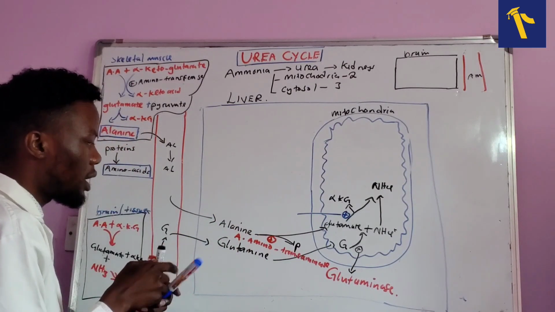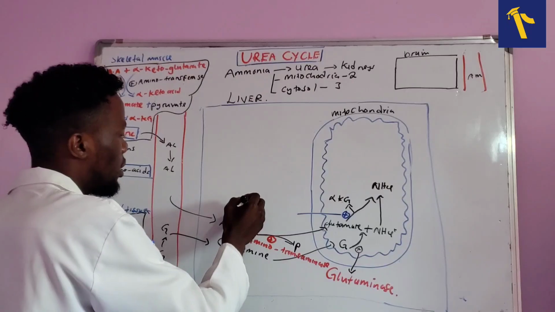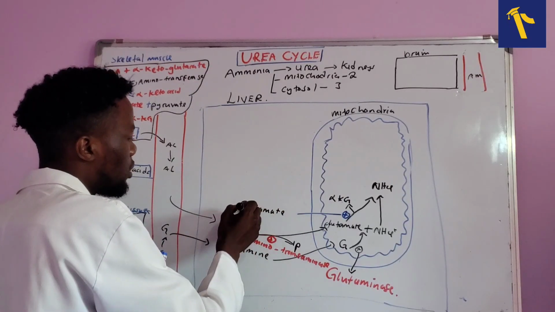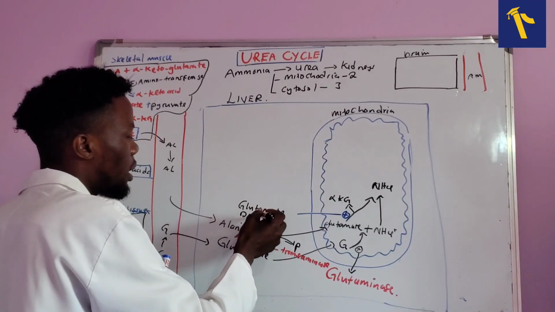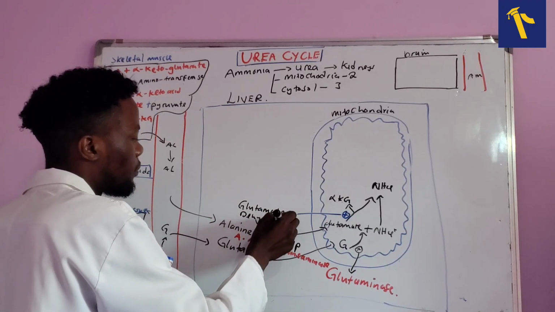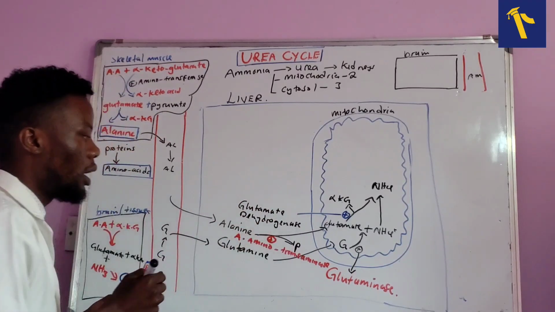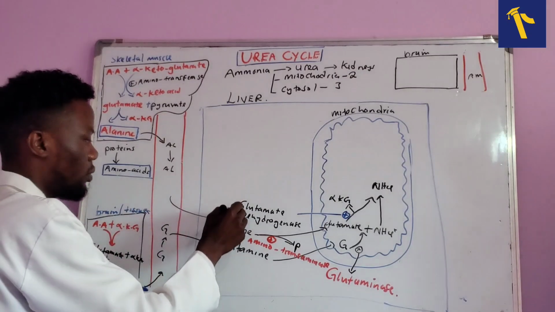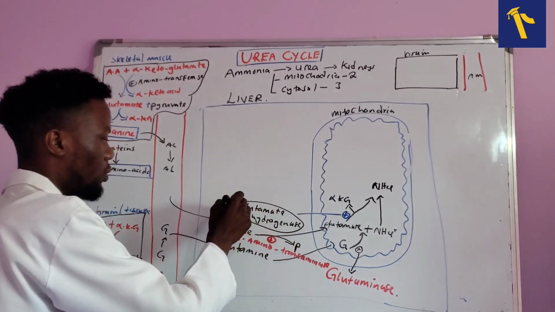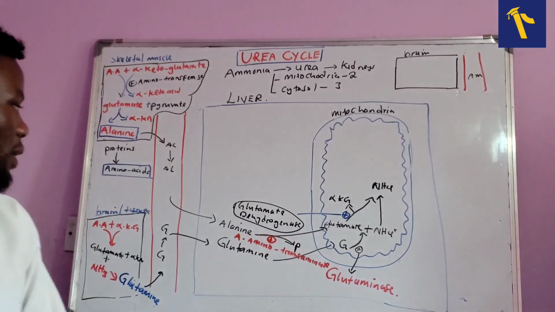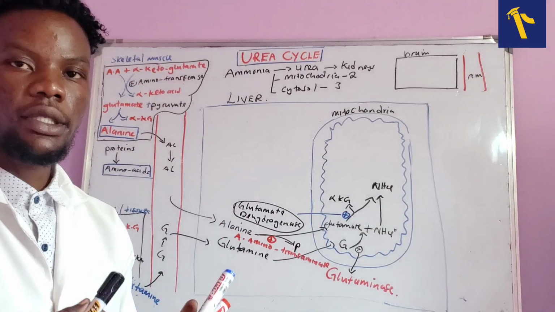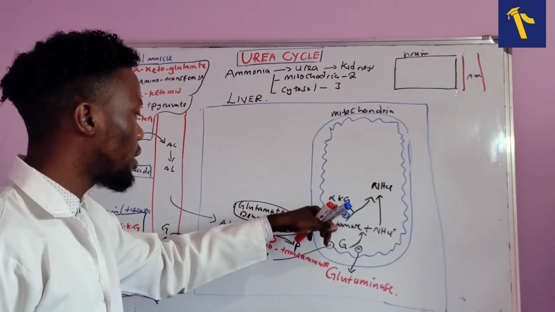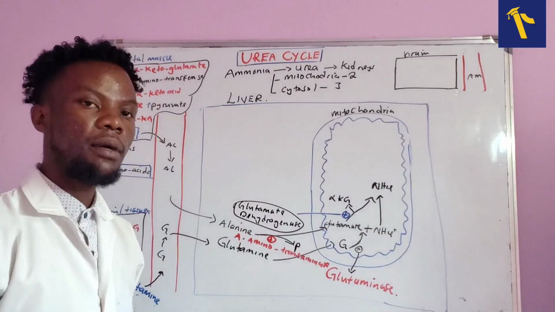Glutamate dehydrogenase is the enzyme that's going to break down this glutamate into alpha ketoglutarate and the ammonium ion that we need.